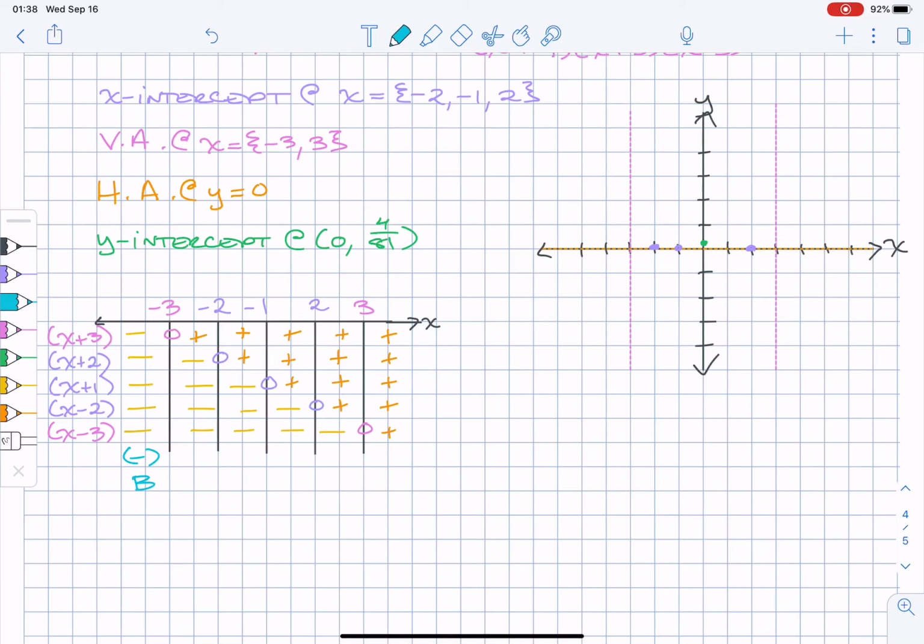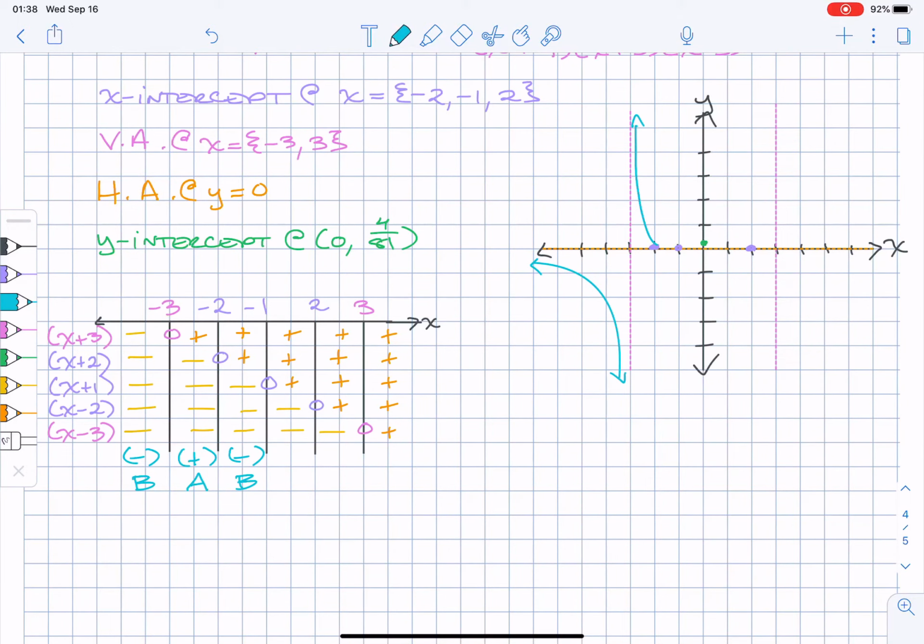So I know to the left of -3, my graph will lie beneath the x-axis. Between -3 and -2, 4 negatives make a positive, so my graph lies above the x-axis. Between -2 and -1, 3 negatives is negative, so my graph lies beneath the x-axis.